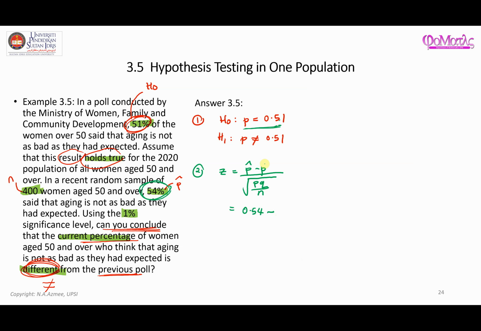So 0.51 can be substituted into this position, over the square root of P, which is 0.51, times Q. Q is just 1 minus P, and in this case it is going to be equal to 0.49, over the sample size, which is 400. So punch in the values into your calculator and you will see that the result here is going to be equal to 1.2. Okay, so this is the test statistic.